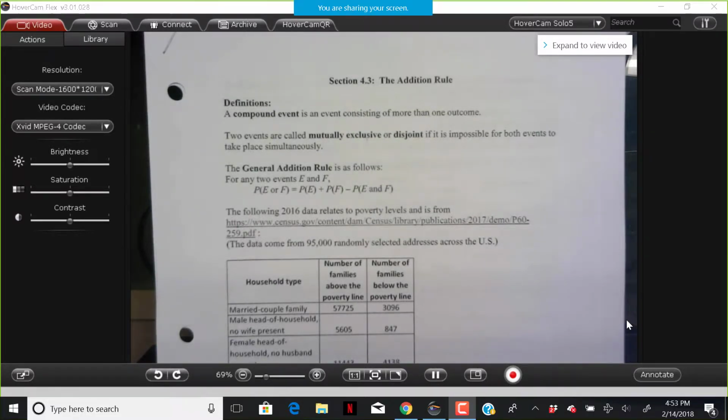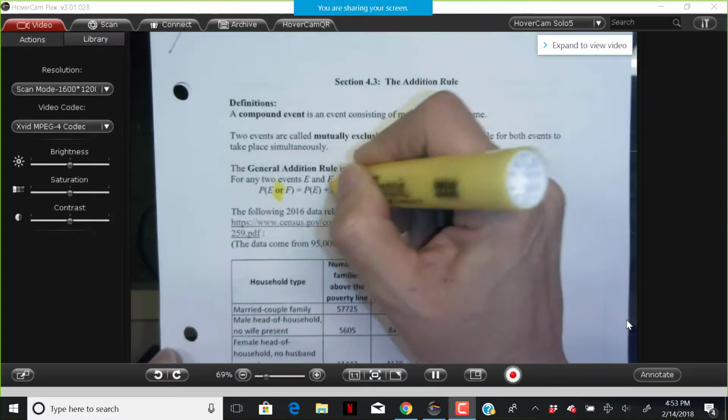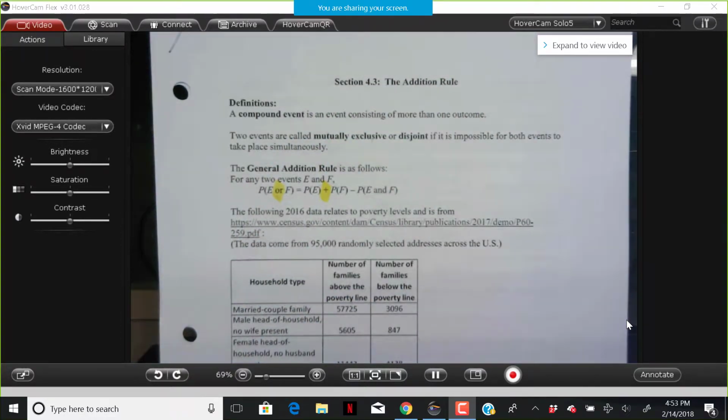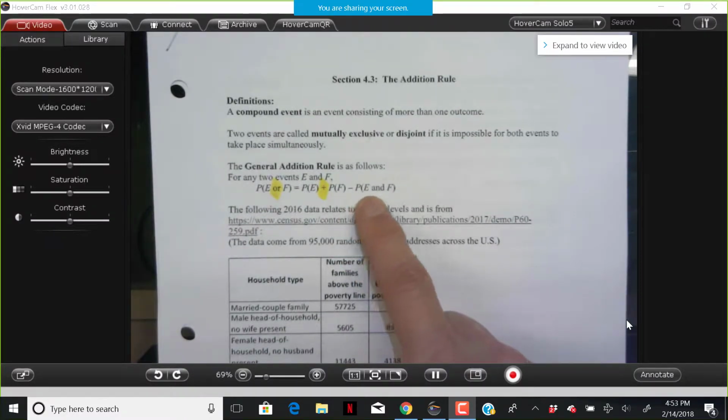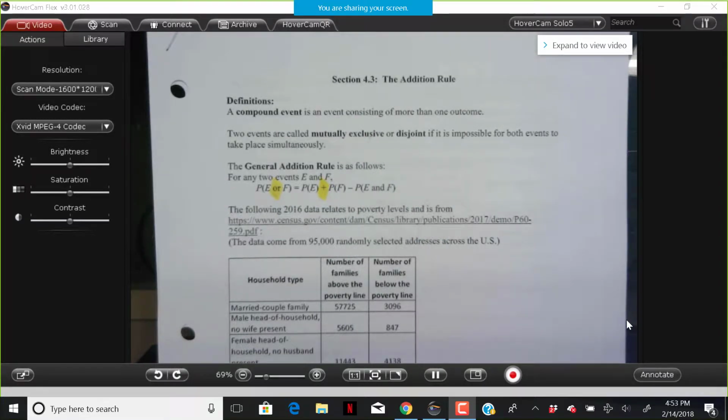We add them together, okay? So that's why the word or goes with plus. Now this subtraction thing I'll get to in a minute. Why is there a subtraction part? And I'll get to that.